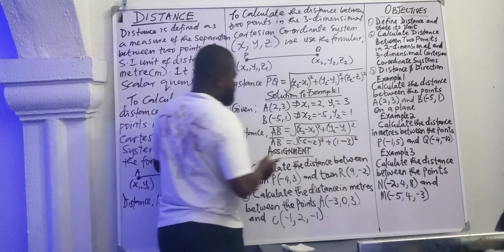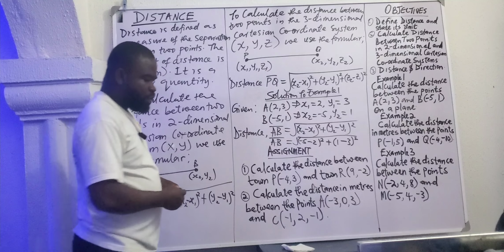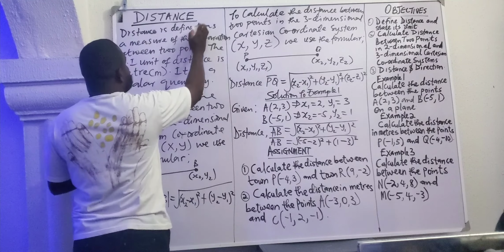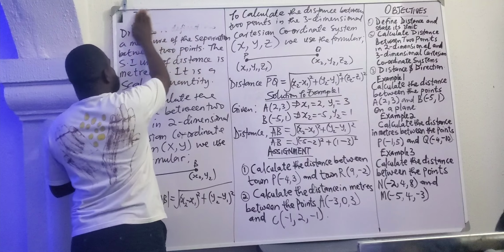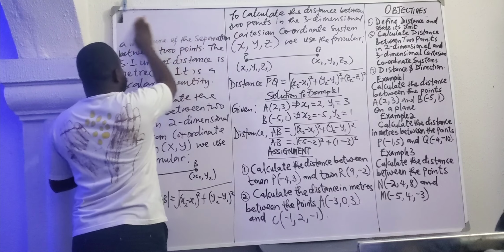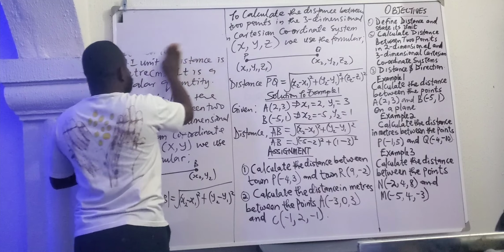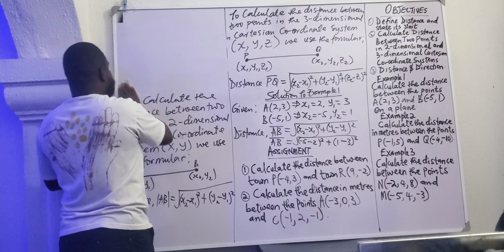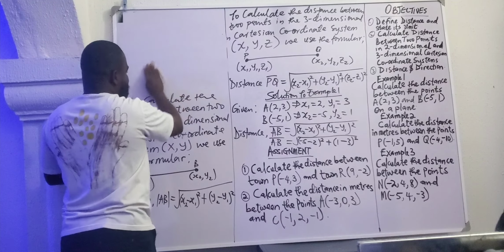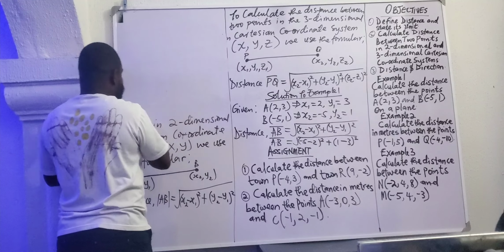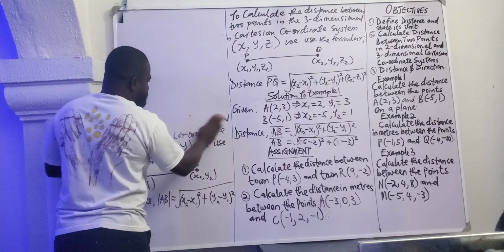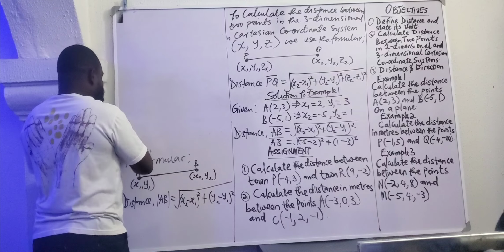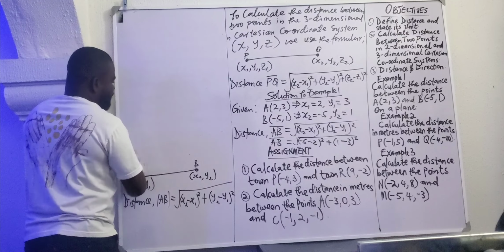I close it in bracket and square. Please, while making this substitution, you must be careful of the negative sign. You must be very careful in order not to misuse that negative sign, which will lead to a very wrong answer. So you must be very observant as you work the values, including the use of the negative sign.